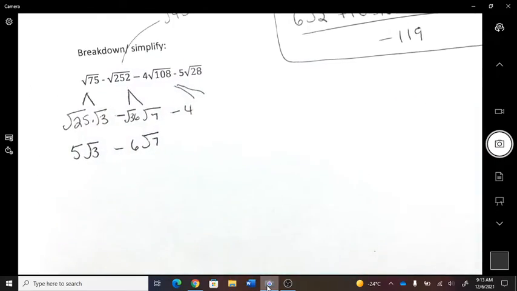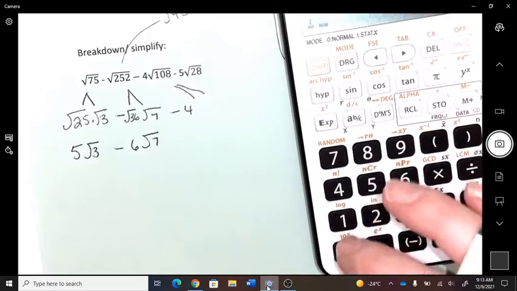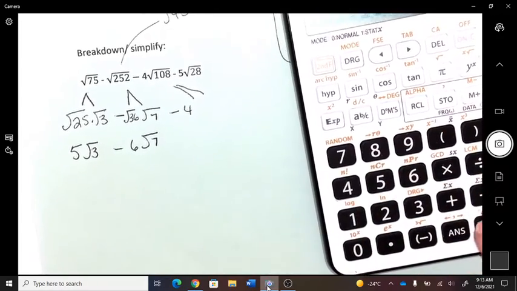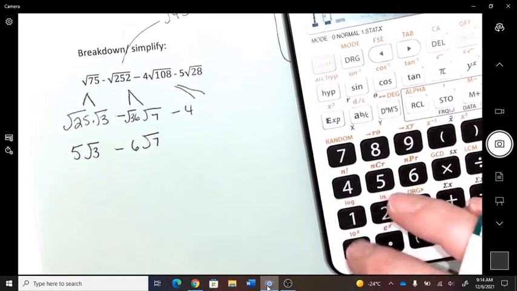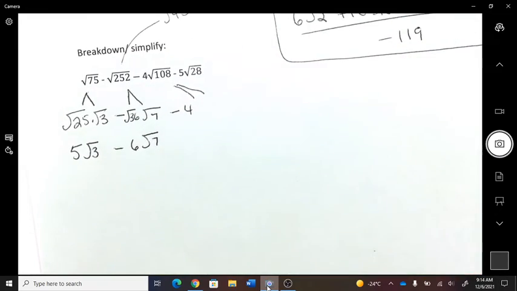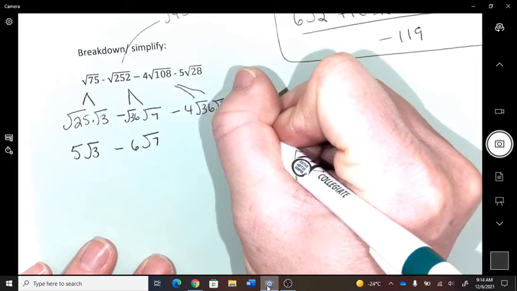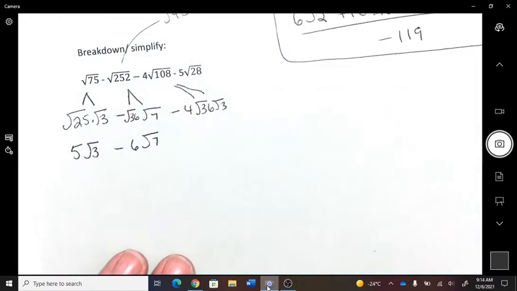Okay, so 108 is divisible by the biggest one you can find. Did you also find it's divisible by 36? 36 times 3?